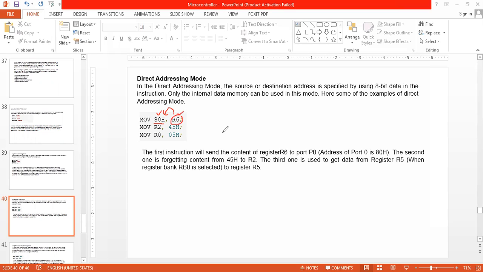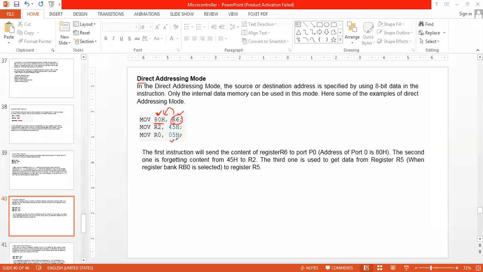In the immediate addressing mode, we have to write the data in the place of the source. In the register addressing mode, either the destination or the source can be a register, compulsorily R0 to R7. Then this is the direct addressing mode, where either the destination or the source can be a memory location compulsorily.